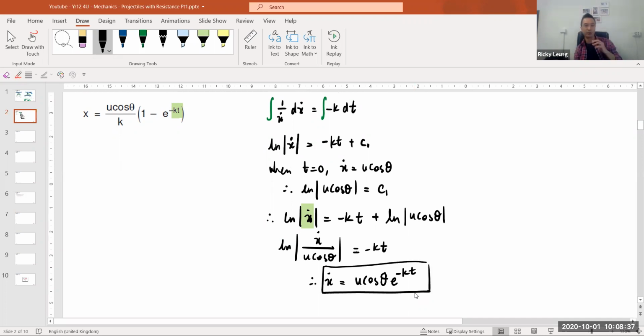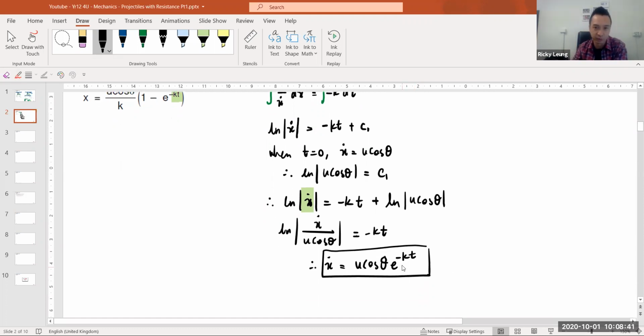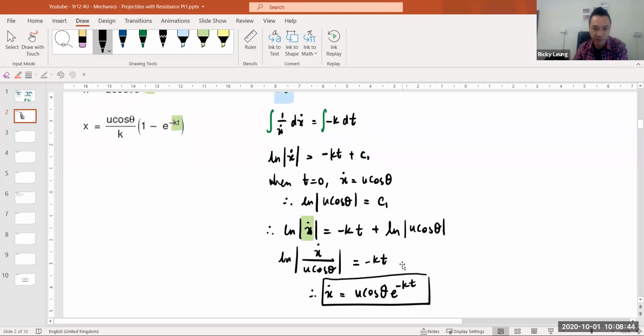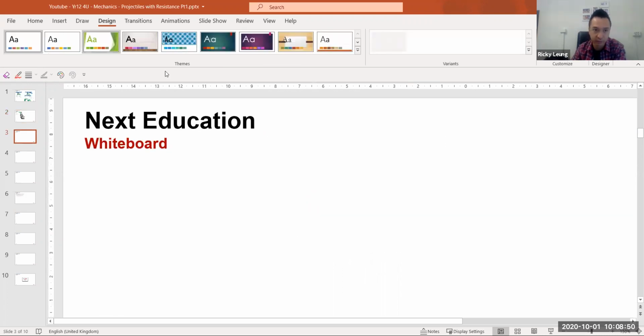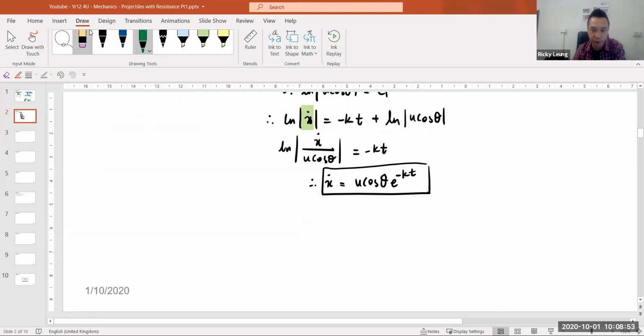Now, normally, when we do it without resistance, this step of getting the x velocity, or horizontal velocity, is so easy. In this case, it's a bit more involved. Next step, let me see how much vertical space I have. So obviously, I replace that with dx/dt to get my displacement expression. Once again, I multiply up the dt and then integrate both sides.